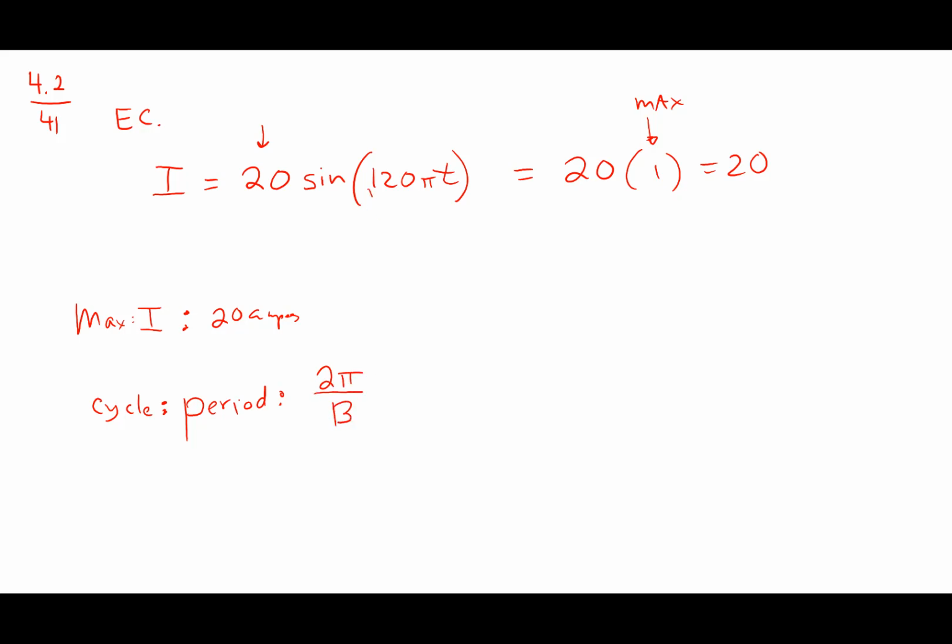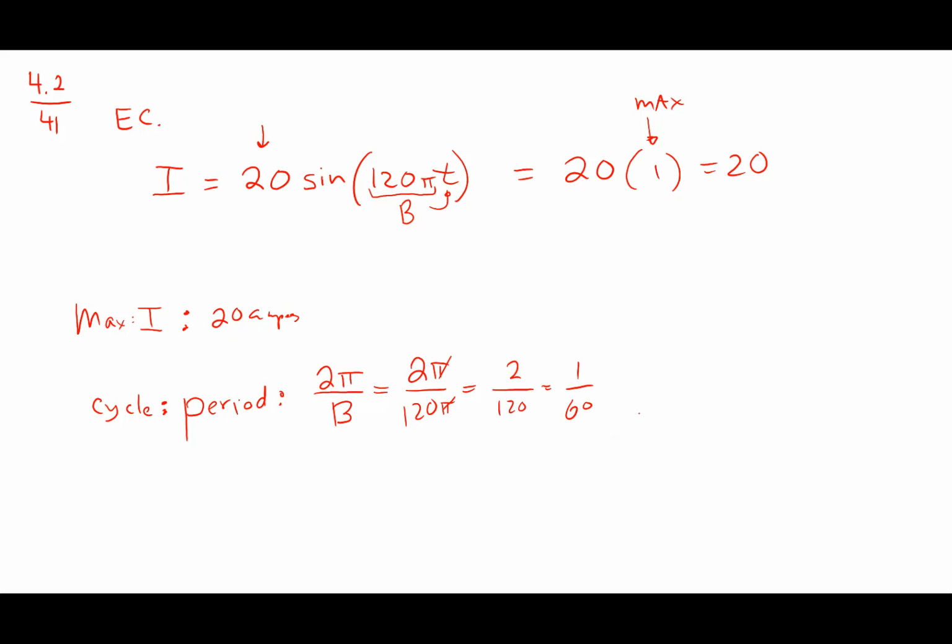And guess what? That right there is your b value. Because the b value always multiplies your variable. So that's 2 pi over 120 pi. All right, pi's go away. 2 over 120, and we have 1/60.